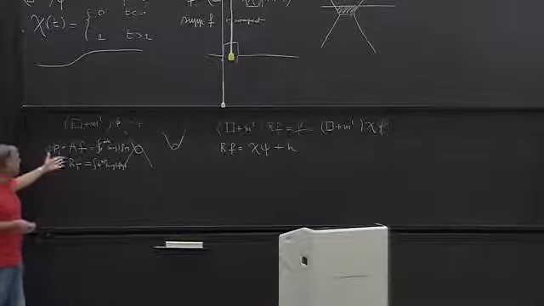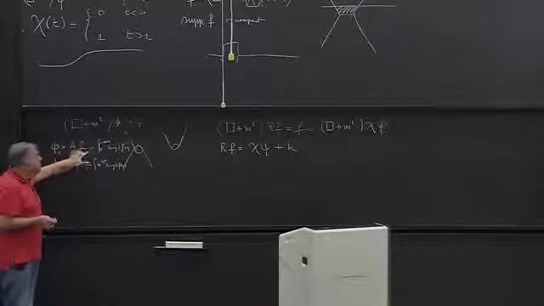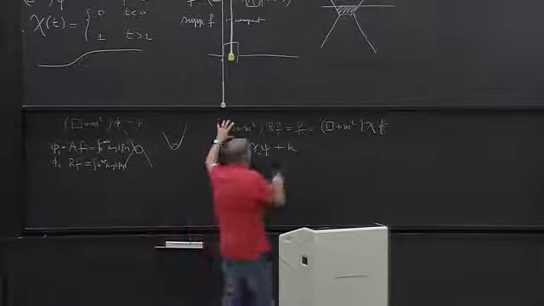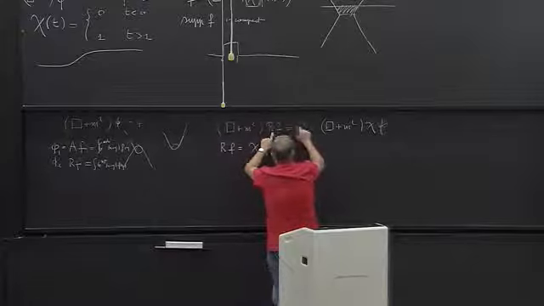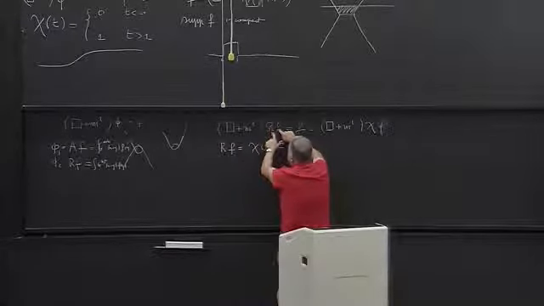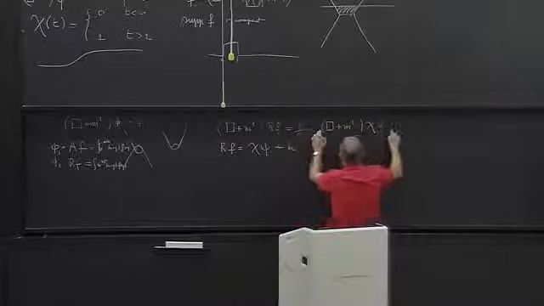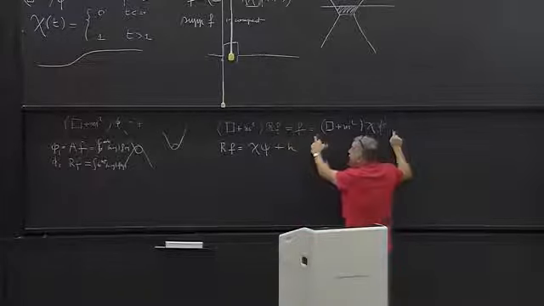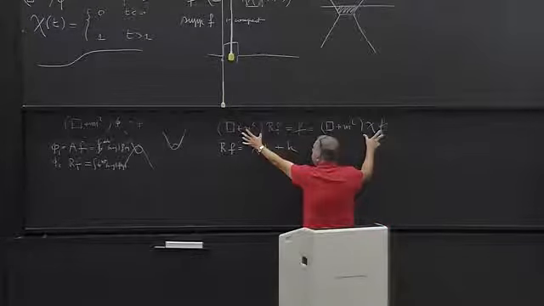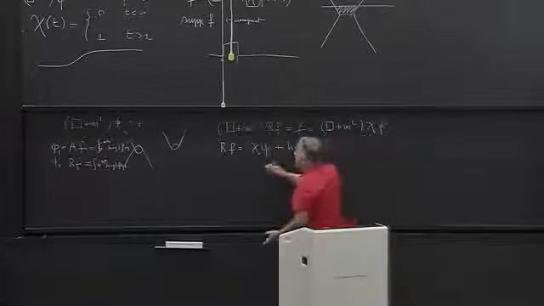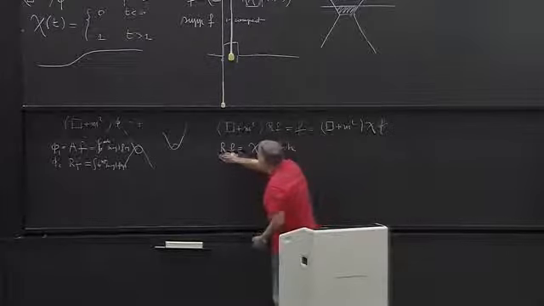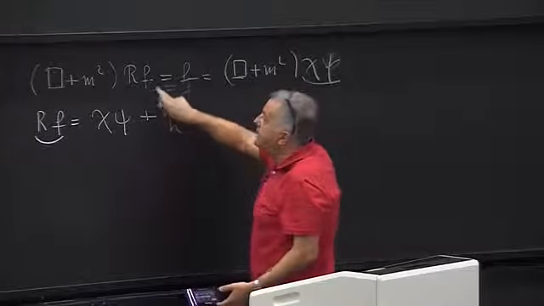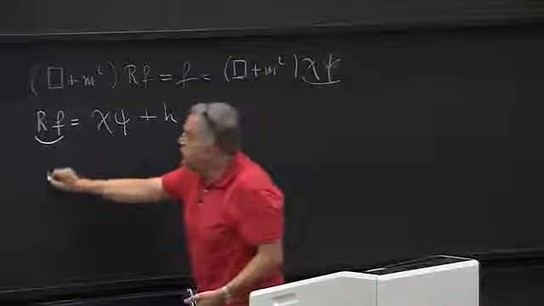And I'm considering in this case the retarded solution. So the convolution with the retarded solution equals f, which by definition is equal to this thing. Okay? So by comparing these equations, I can deduce that R of f is chi of psi, but I can always add a solution of the homogeneous equation.